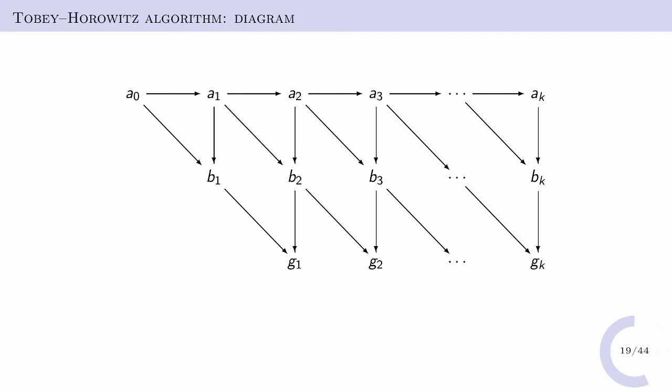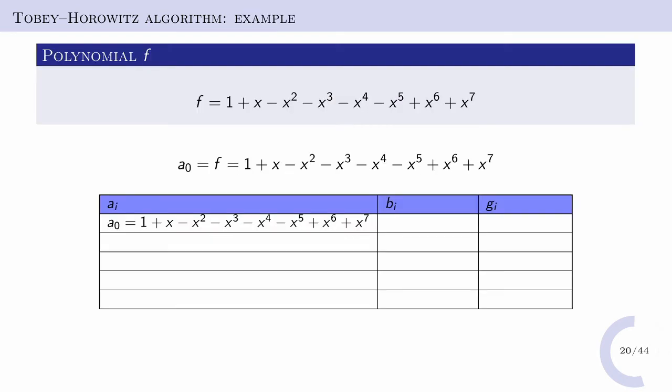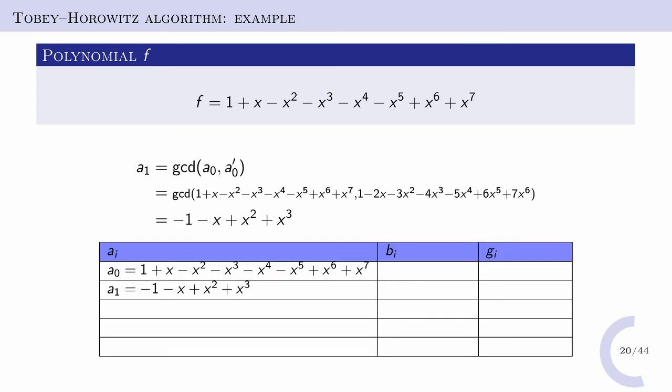Let me show you an explicit example of how we can compute this. We have this polynomial of degree 7. We start with a0 equals f, so this is this polynomial. We compute a1 as the greatest common divisor of a0 and a0 prime, and using the Euclidean algorithm we see that it is this polynomial. Now we have a0 and a1, so we can compute b1.